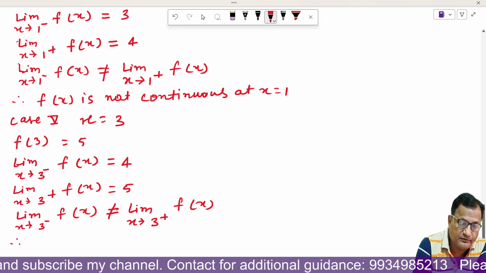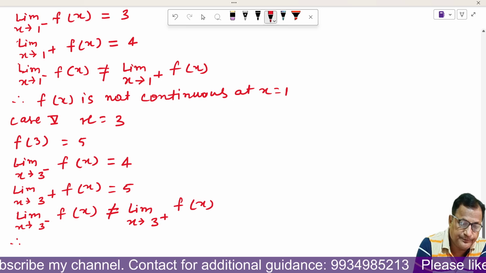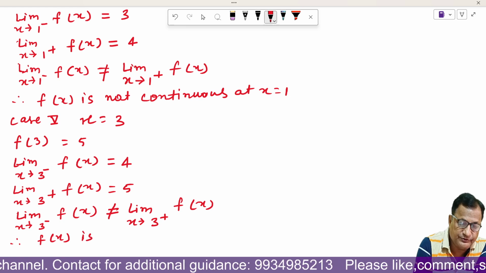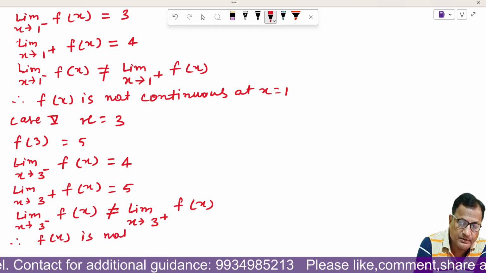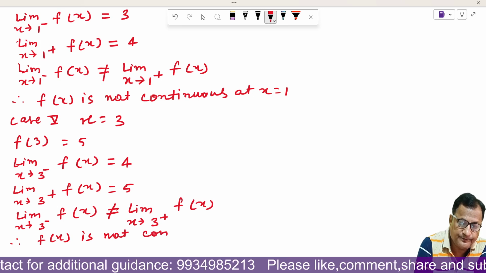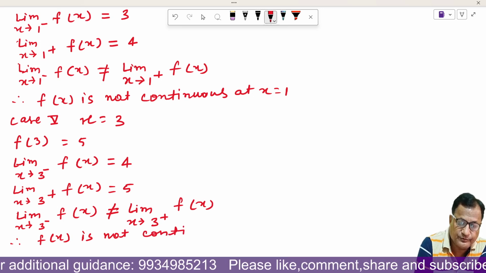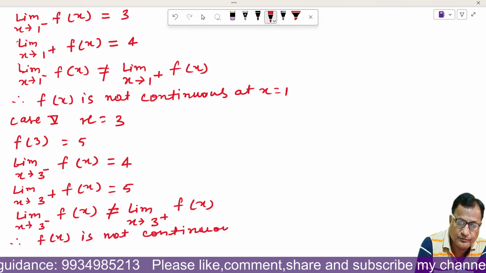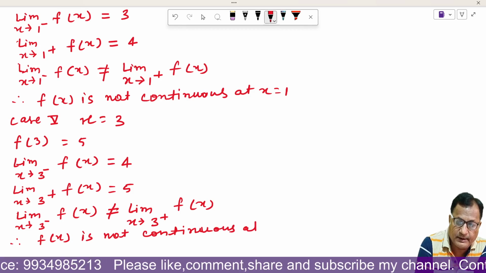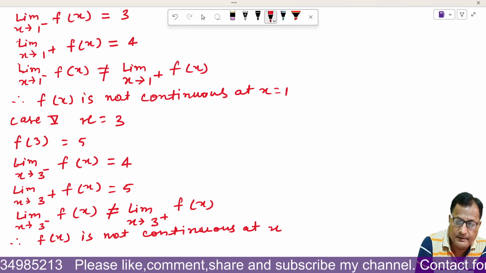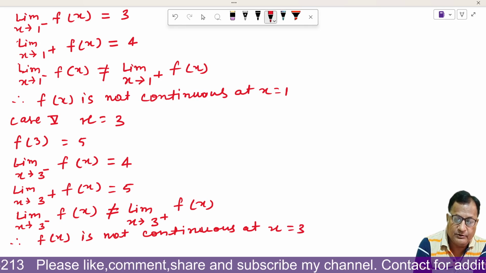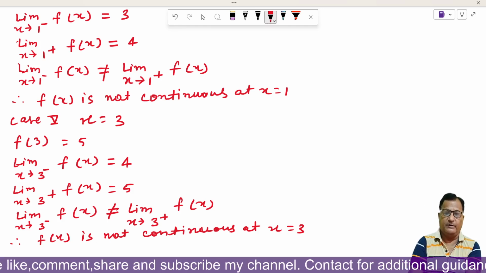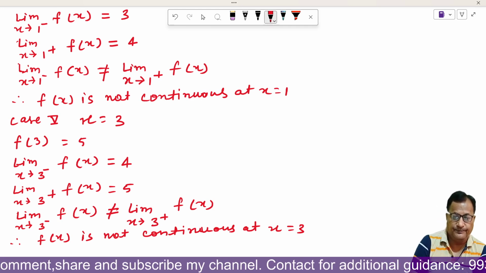So therefore f(x) is not continuous at x is equal to 3. So here we see that the function is not continuous at x is equal to 1 and 3.